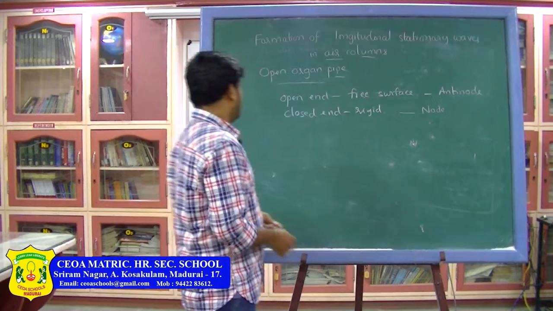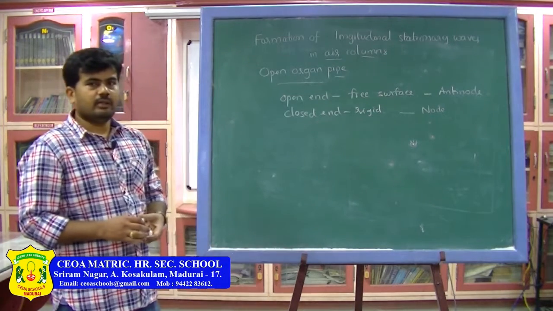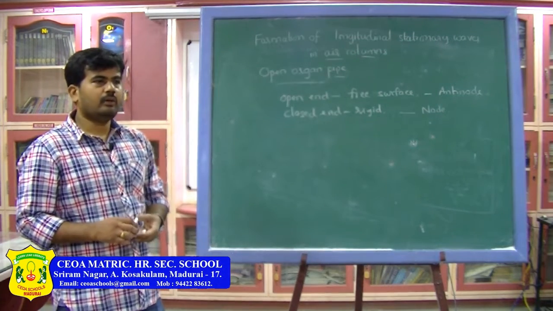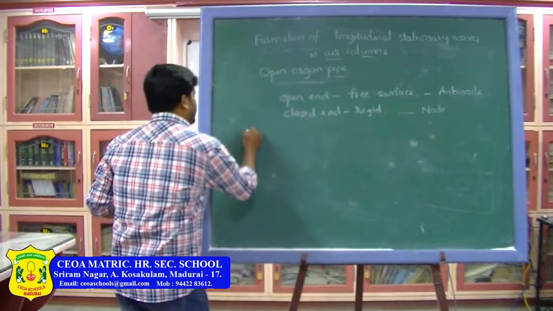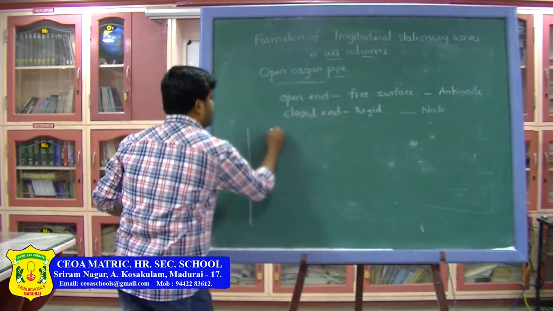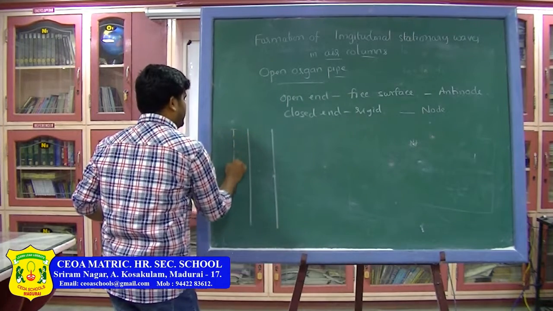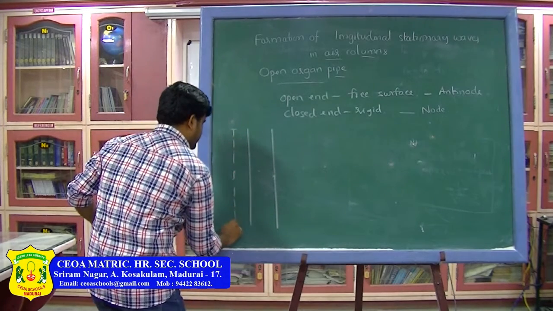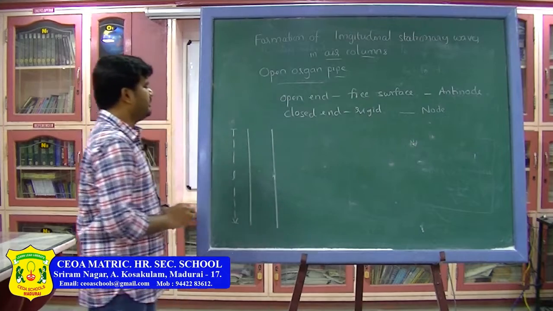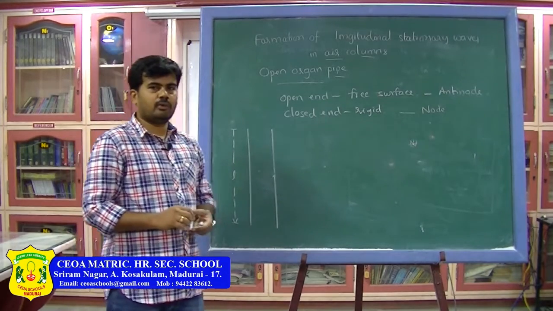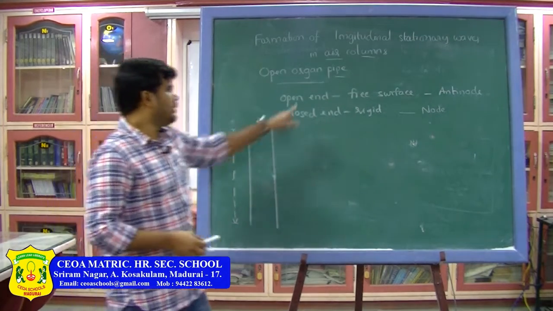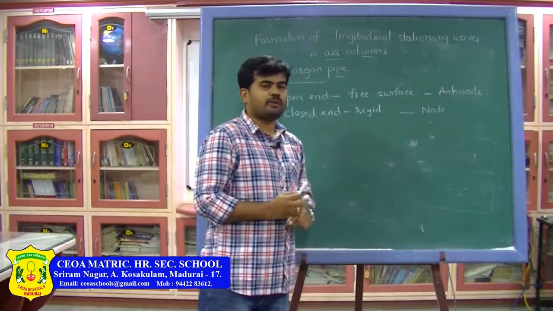Now, let us see the frequencies of vibration of the air column in an open organ pipe. Suppose I consider an open organ pipe of length L. In its first mode, that is the fundamental mode of vibration, I told you that at the open ends there must always be a displacement antinode.